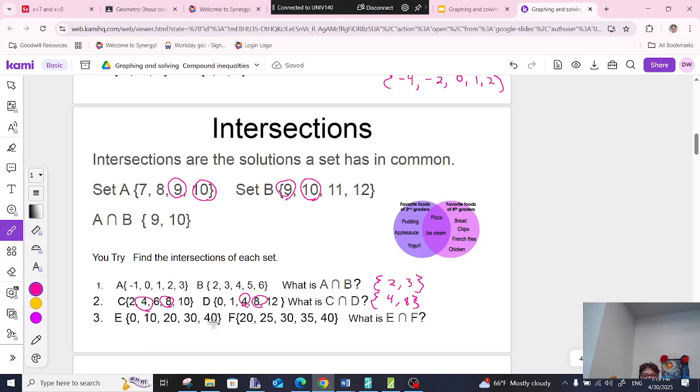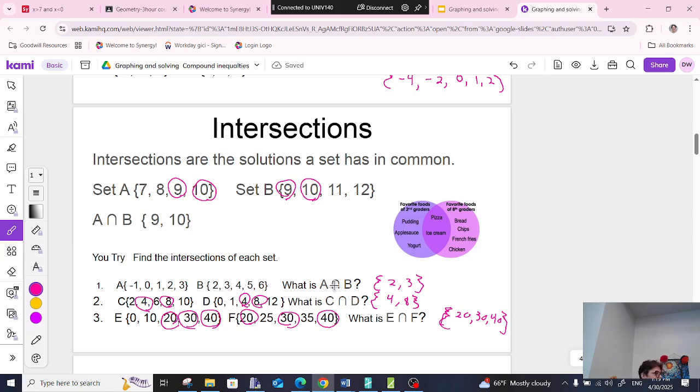20, 30, and 40. Say 20's here and 20's here, 30's here, 30's here, 40's here, 40's here. So 20, 30, and 40. Questions?